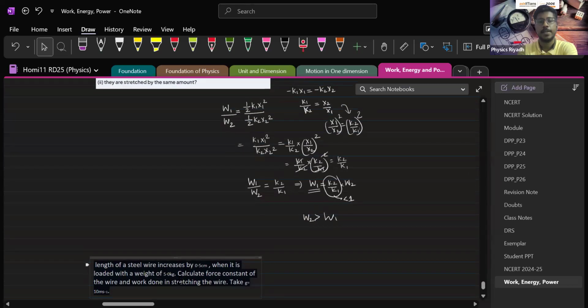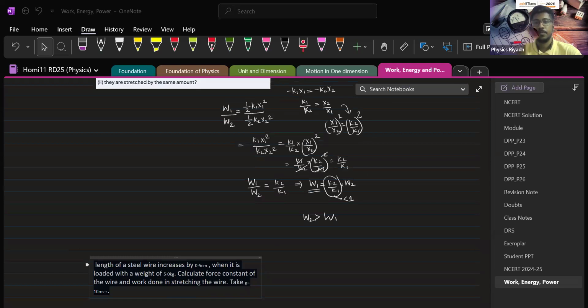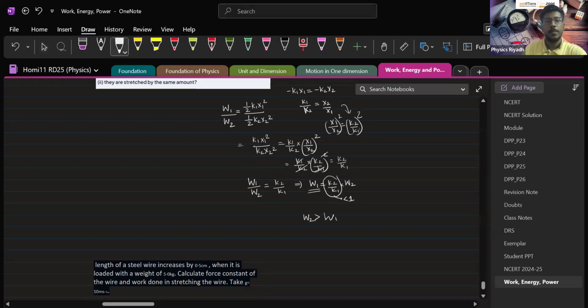Those who have completed can try the next question. This part is direct, right? If they're stretched by the same amount, compare work done 1 by work done 2. This is equal to half k1 x square by half k2 x square.